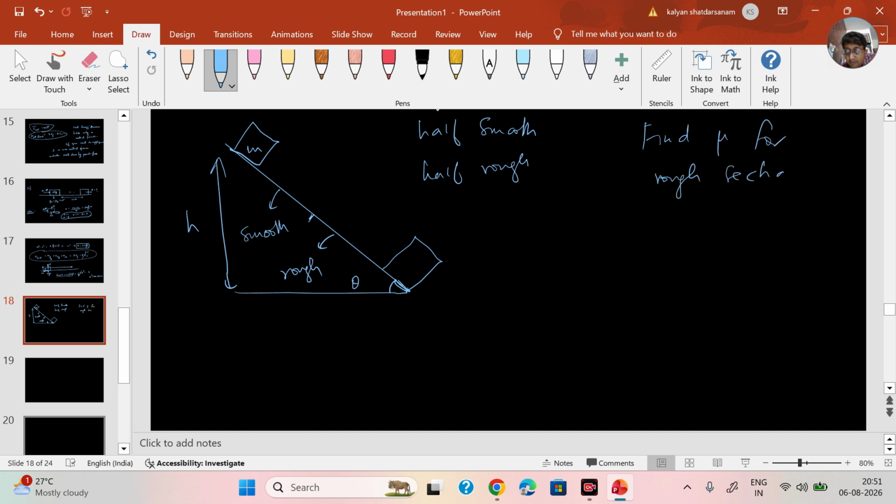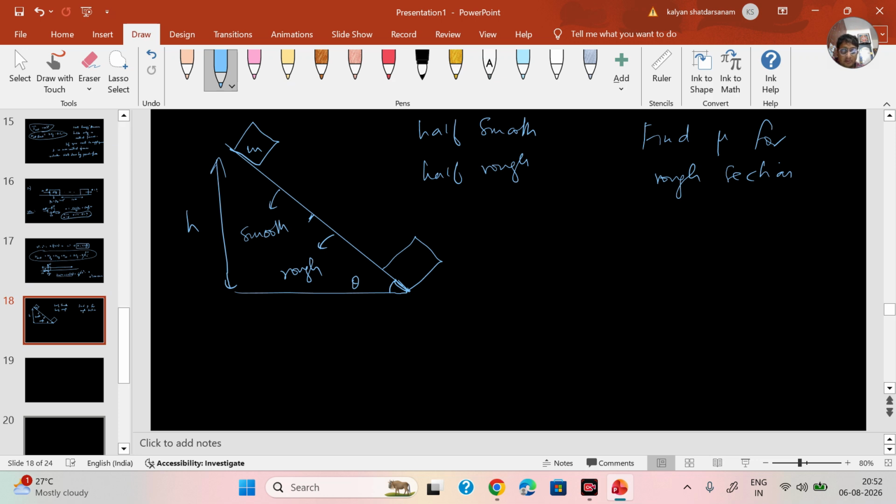Let's do it with Newton's laws and see how tough it is. If you are trying to do it with Newton's laws, the acceleration is not the same throughout, because in the smooth portion there is no friction, so acceleration is more. In the rough portion suddenly friction came into the picture, so acceleration is different.